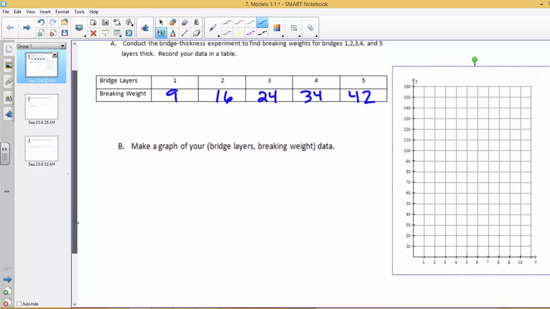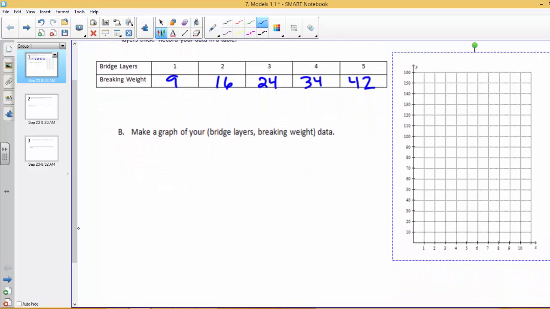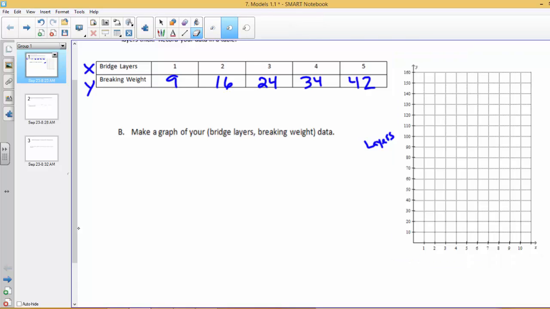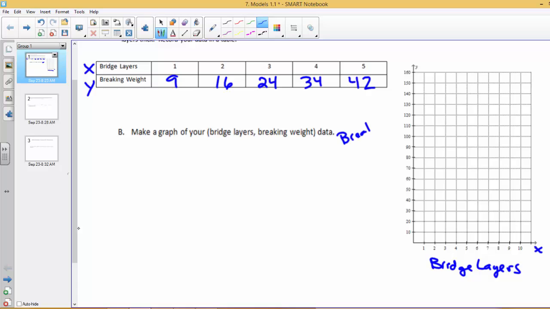So hopefully you graphed, and in a graph you want to make sure you always have titles and labels. So this is your x-axis and this is your y-axis. So the bridge layers is the x-axis, and the breaking weight, which is the number of pennies, is the y-axis.